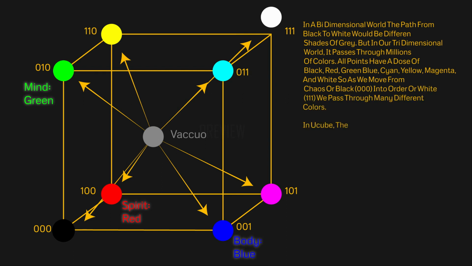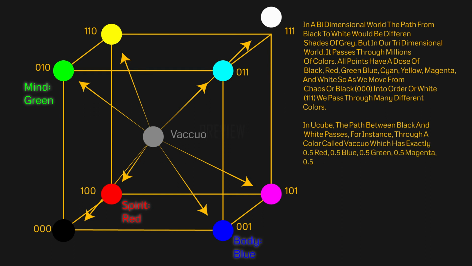In uCube, the path between black and white passes, for instance, through a color called vacuo, which has exactly 0.5 red, 0.5 blue, 0.5 green, 0.5 magenta, 0.5 yellow, 0.5 cyan, 0.5 white, and 0.5 black.